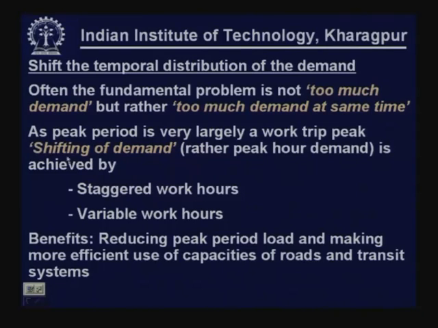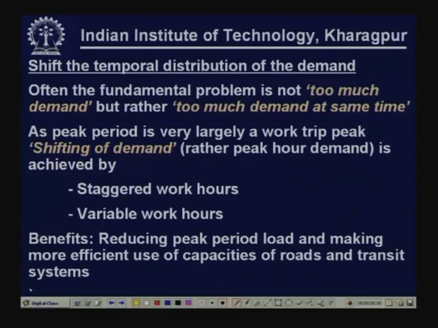The peak period is very largely a work trip peak, because the morning and evening peaks largely consist of vehicles used for work trips. So, shifting of demand is really meaningful. What I mean by shifting of demand is shifting the peak hour demand.